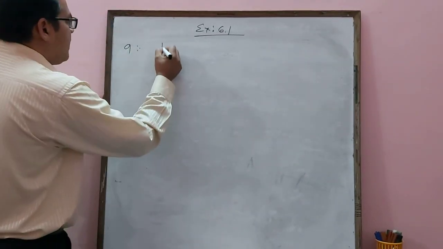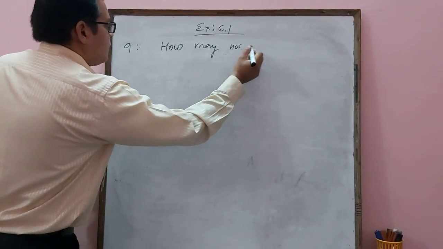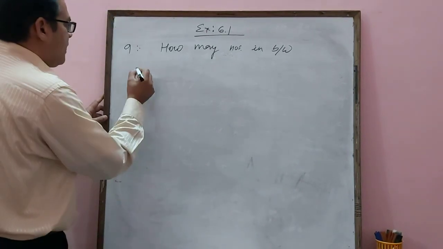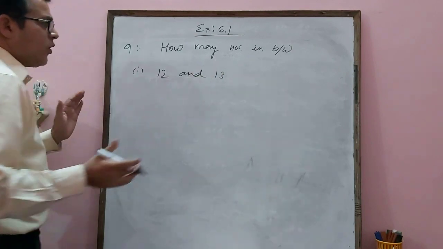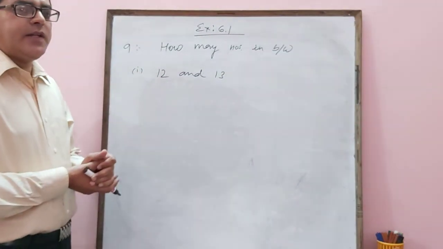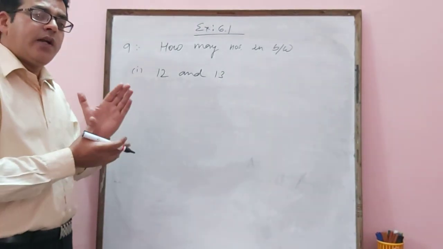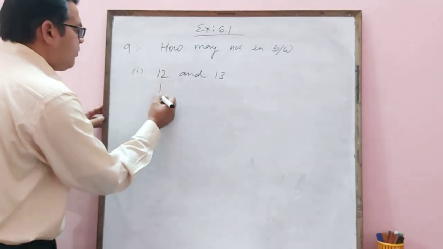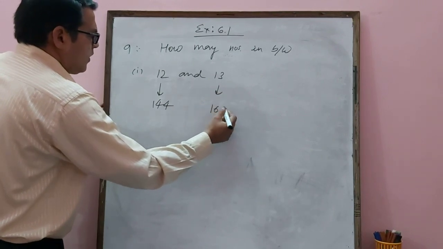How many numbers are in between the squares of these numbers, 12 and 13? If you find the square of 12, that is 144, and the square of 13, that is 169.